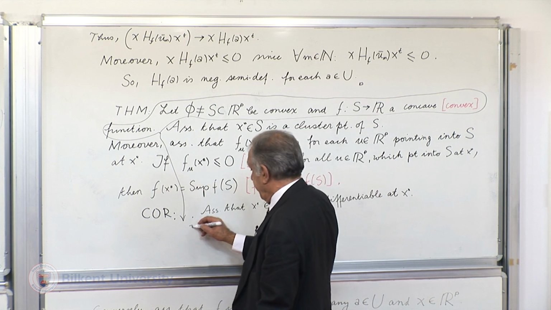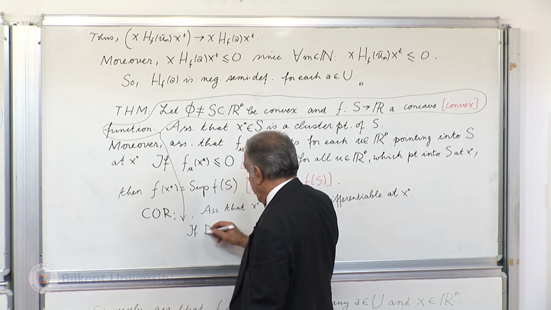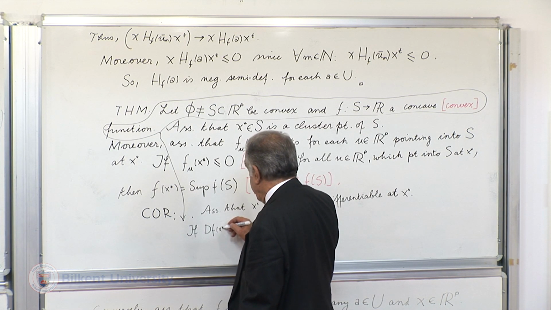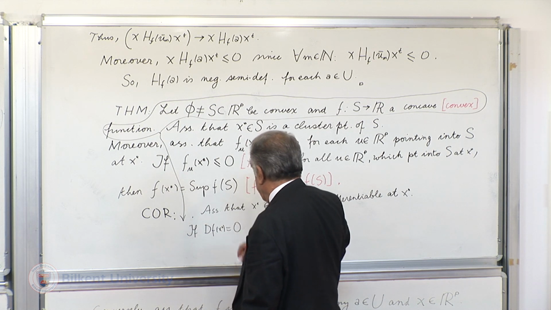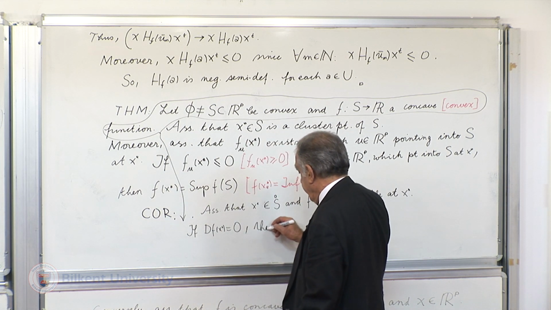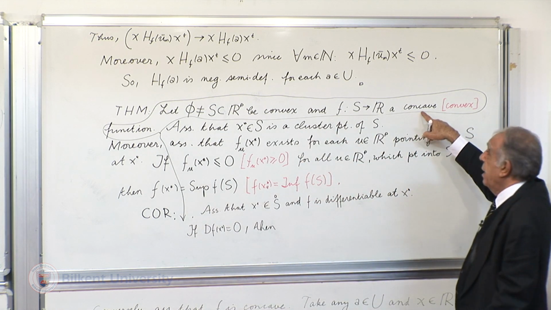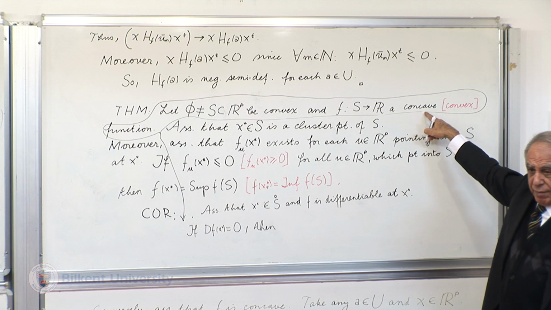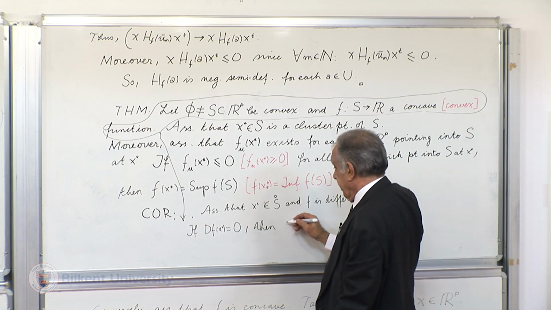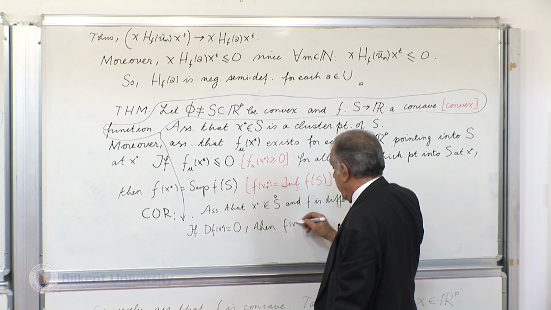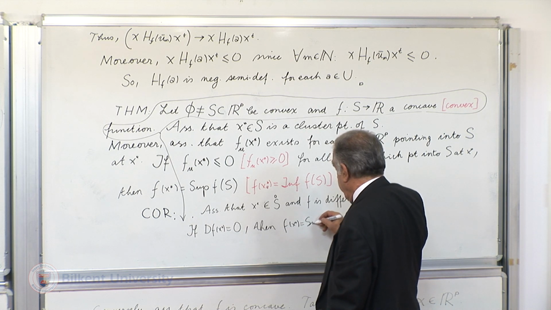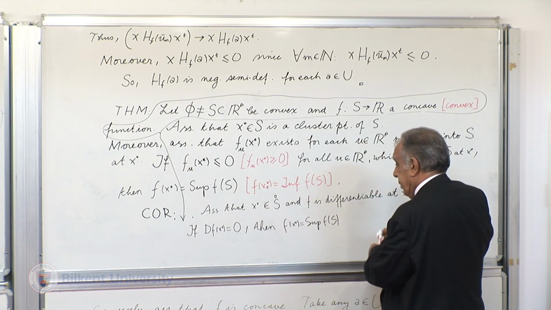Now, if df of x star is equal to 0, then in the black case, that is when f is a concave function, f of x star is equal to the supremum of f of s.